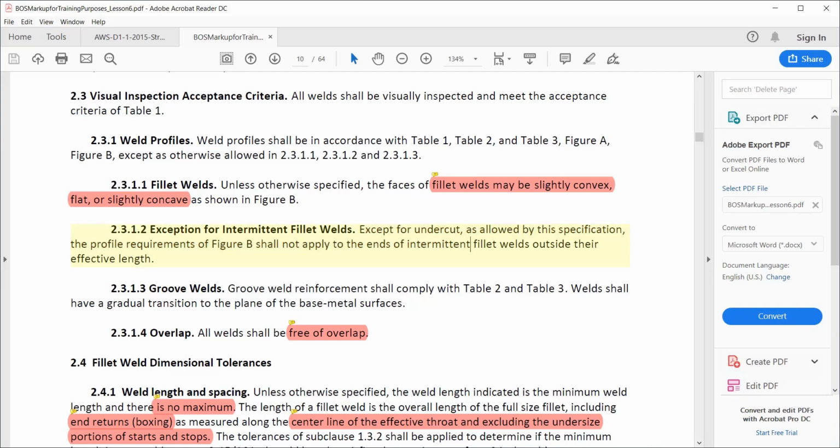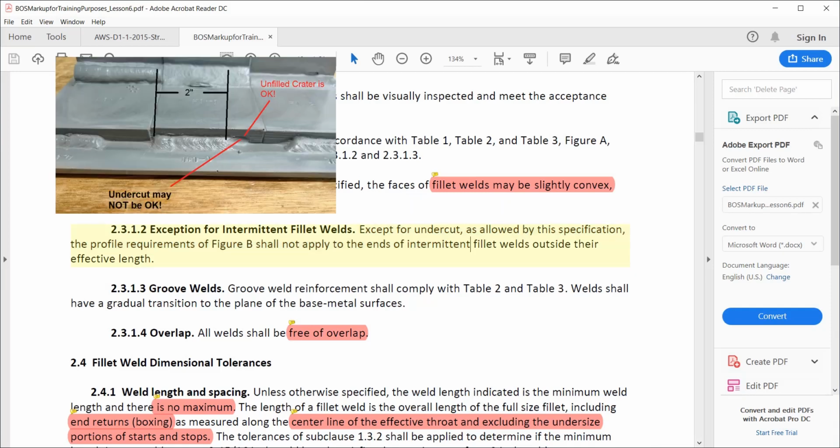The profile requirements of Figure B shall not apply to the ends of intermittent fillet welds outside their effective length. So essentially, discontinuities that are outside of the effective length do not have to be interpreted or measured, except for undercut. If undercut is outside the effective length, then it still applies to the exceptions criteria.